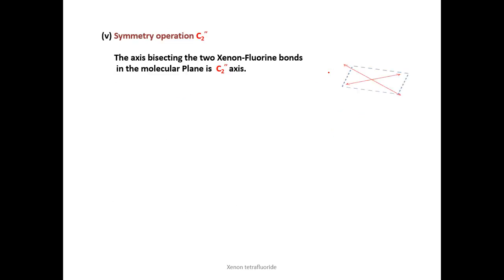Coming to the next operation, C2 double dash. The C2 double dash is also present in the molecular plane, but it is passing through the xenon atom. Xenon atom is in the middle, with four fluorine atoms on the four corners of the square. The C2 double dash axis passes through the xenon atom, bisecting the two fluorine atoms, and it is present in the molecular plane.